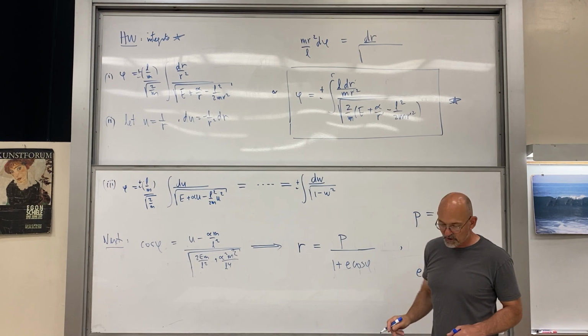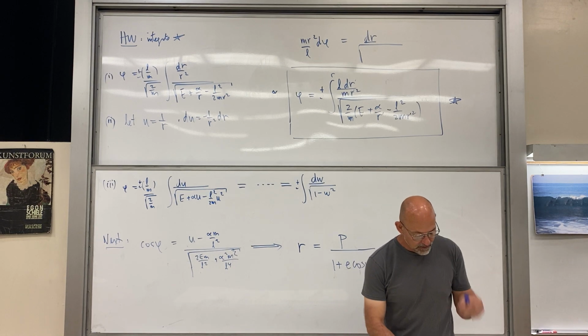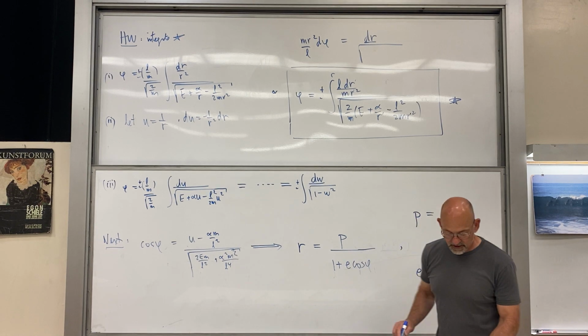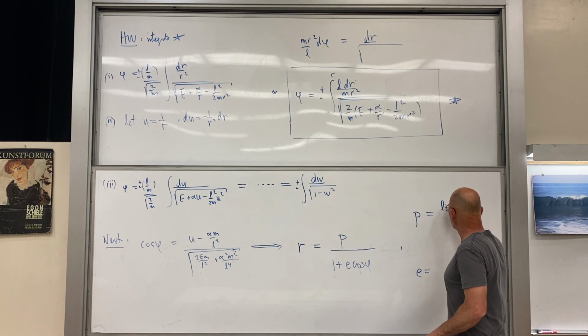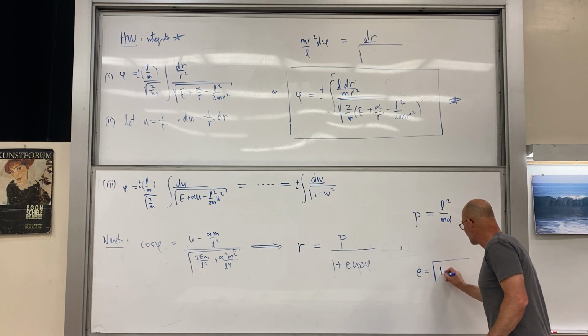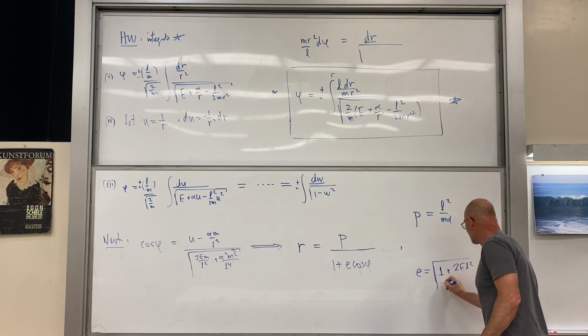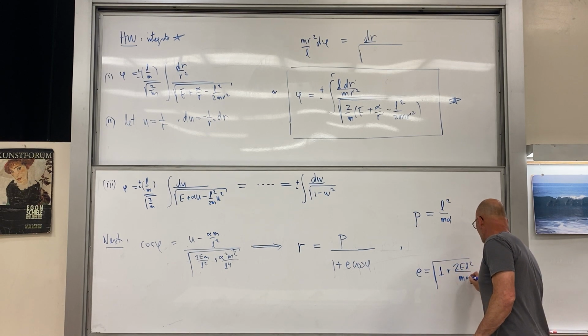So p is L squared over m alpha, and e is the square root of 1 plus 2eL squared over m alpha squared.